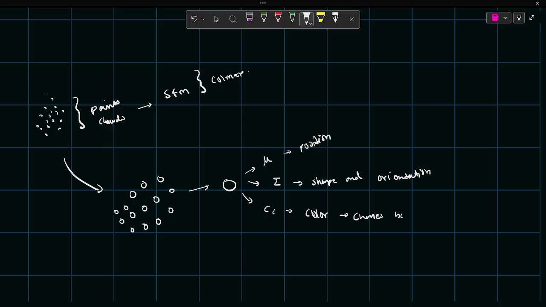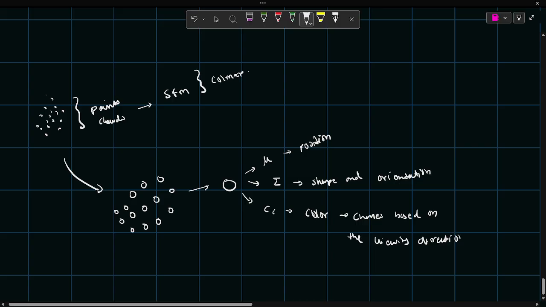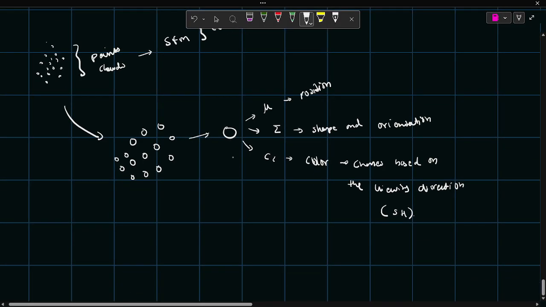The color changes based on the viewing direction and uses something known as spherical harmonics. And finally, opacity, alpha.